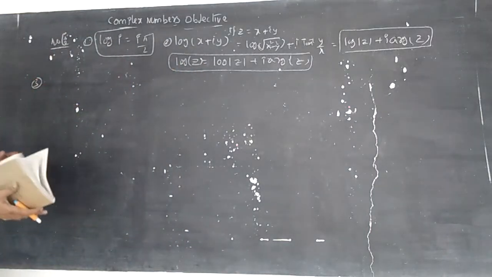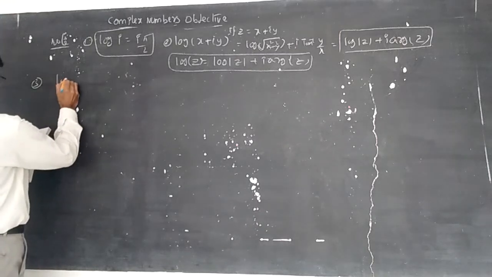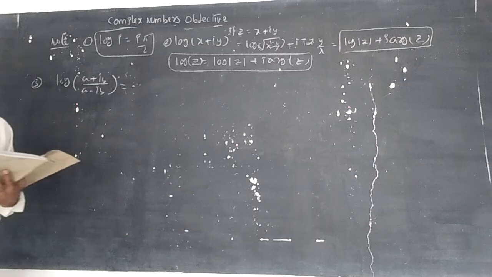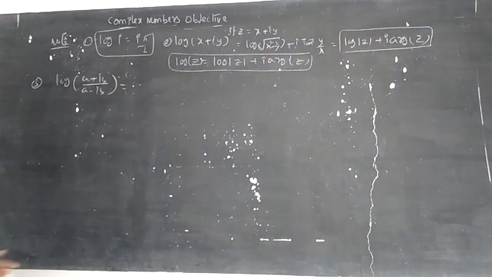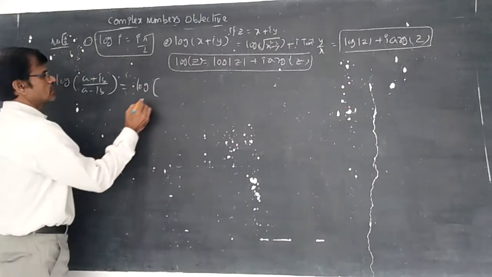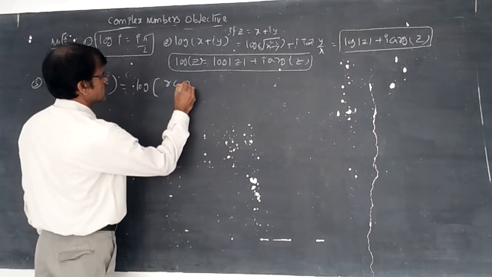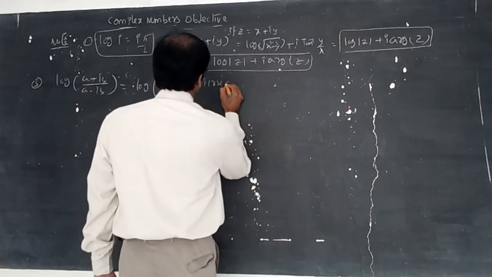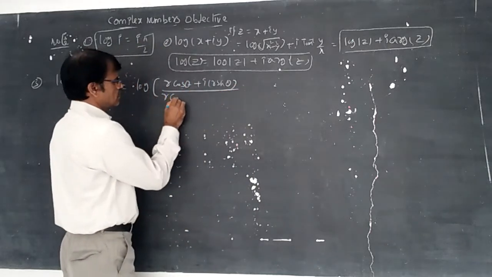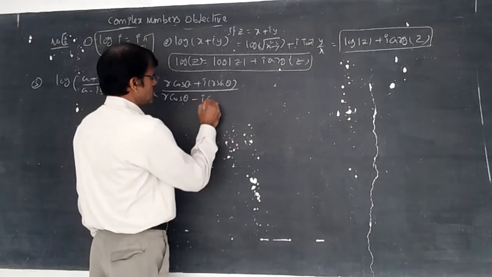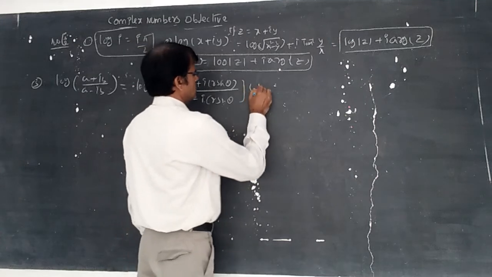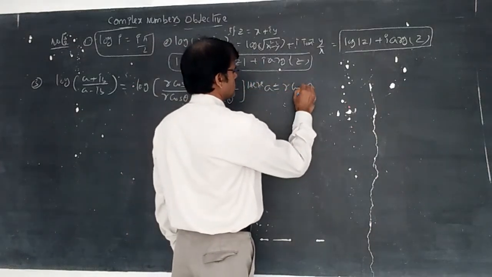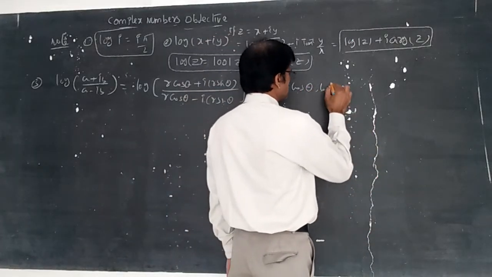Remember this one as a formula. Next one, log of a plus ib by a minus ib, or a minus ib by a plus ib. Let a be equal to r cos theta and b equal to r sin theta. So log of r cos theta plus i into r sin theta, whole by r cos theta minus i into r sin theta.